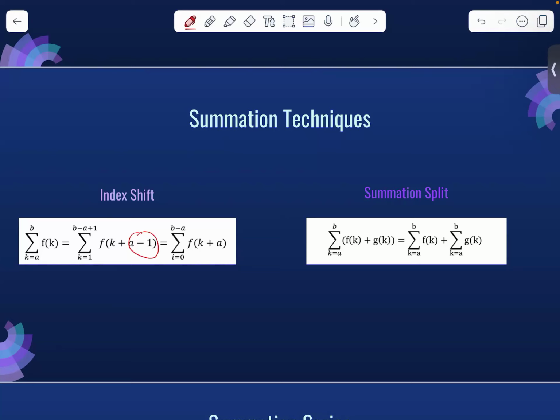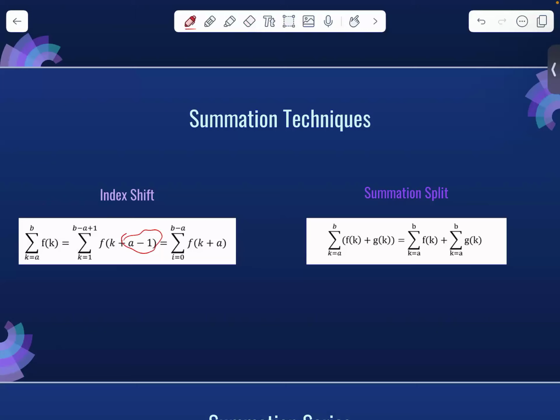Sorry, bad explanation. So if you have b and then k equals a, and you subtract a minus 1 here, you would get to 1, and then you get to b minus a plus 1, and then you would do the opposite of that in here, which is a minus 1.